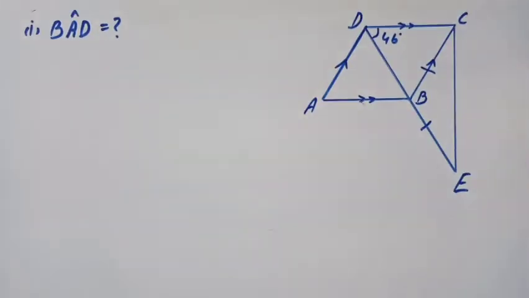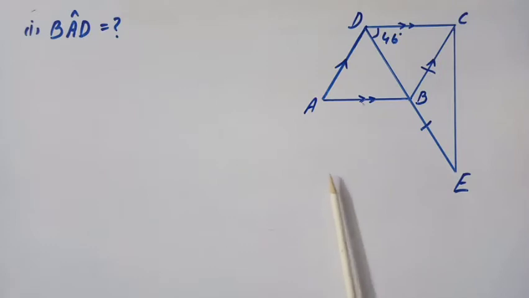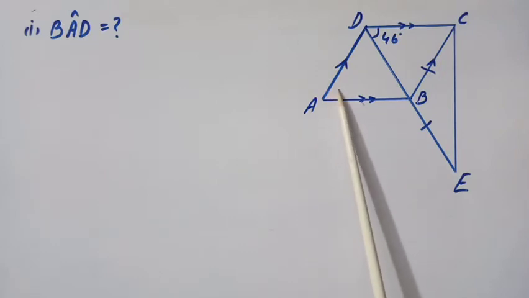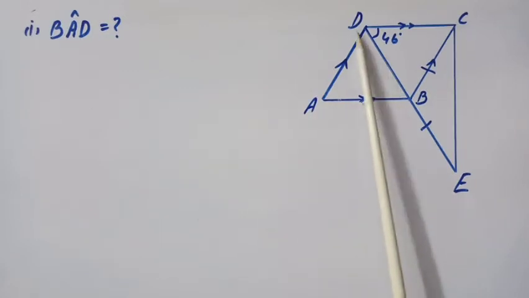Now in part 1, to find out the angle BAD, we have to consider the triangle ABD, right? Actually this angle we have to find out. So this is part of the triangle ABD.